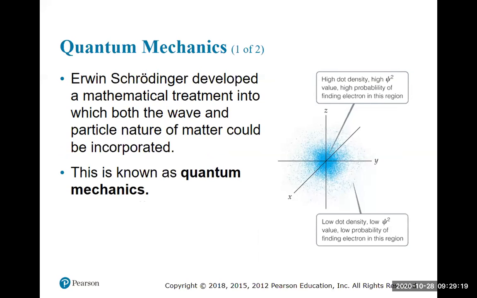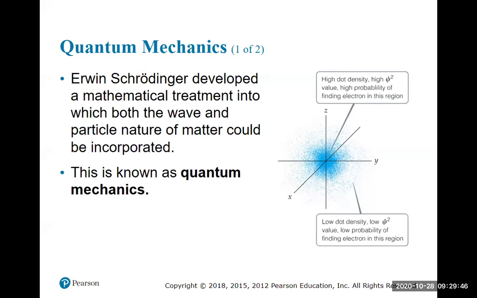That's where we get these density structures. Those wave equations squared tell us the dot density. And this whole idea of these electron densities and predicting where the electrons are at any given time, that's what we call quantum mechanics.